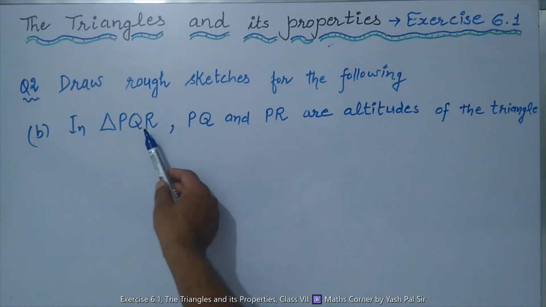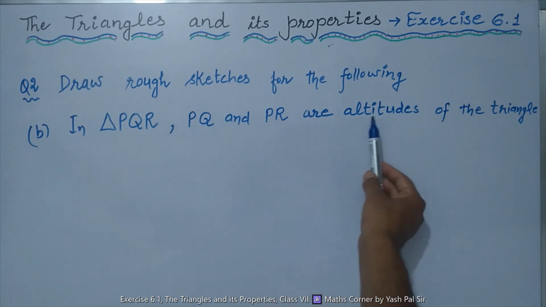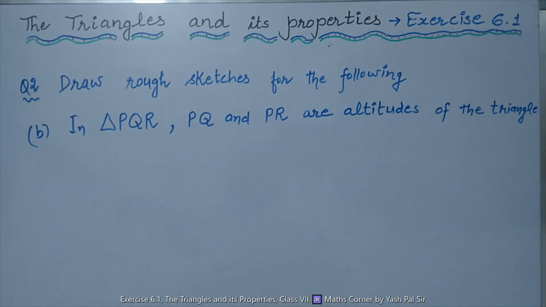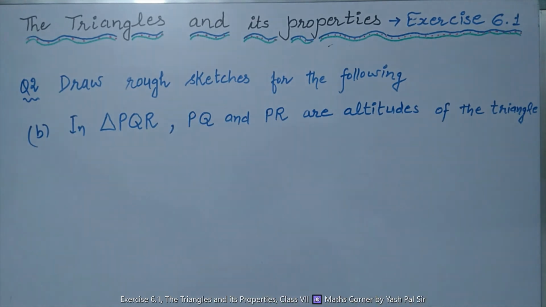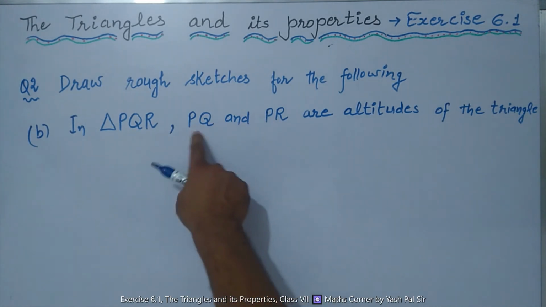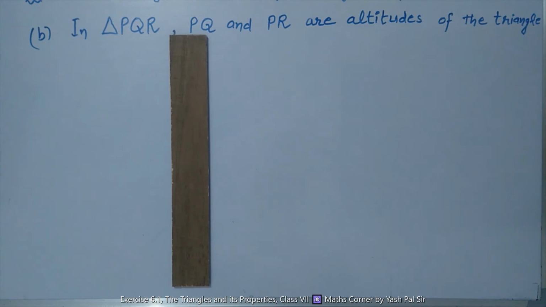In triangle PQR, PQ and PR are altitudes of the triangle. So both PQ and PR are altitudes of the triangle. That is, they are making 90-degree angles. So here we need to draw one isosceles triangle.